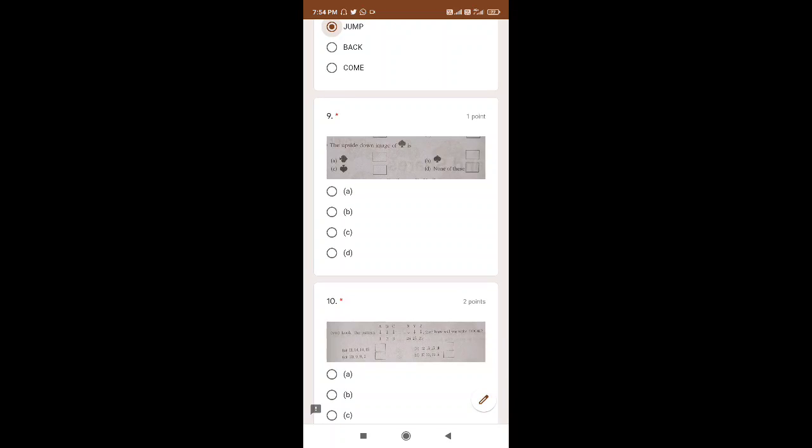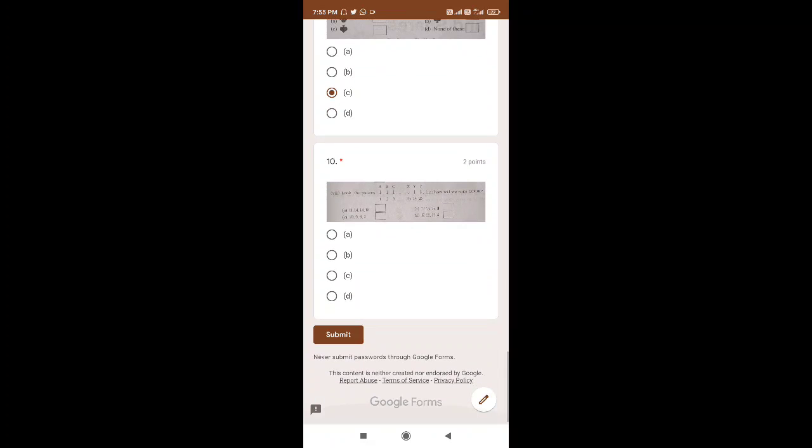Then question number 9, the upside down image of this figure: which option will be the correct answer here? Upside down. Yes, option C. Then question number 10, this is the last question of this quiz. Look at the pattern, A equivalent to 1, B equivalent to 2, C equivalent to 3, like that, X equivalent to 24, Y equivalent to 25, Z equivalent to 26.